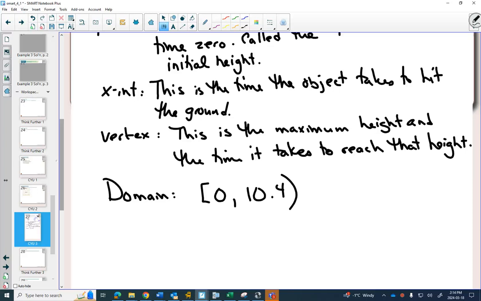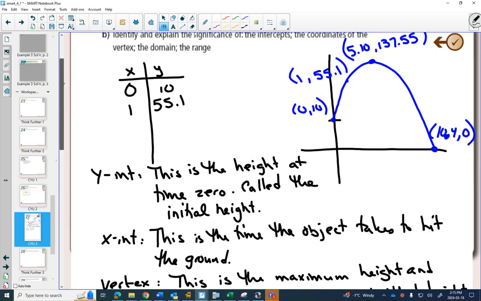It's not like it just burrows and keeps the parabola going into the ground, digging a hole as it goes. It will bounce or something like that. And same thing for our range. When it hits the ground, that's the lowest it goes, 0. And the highest it goes was 137.55. Is that right? Yes.